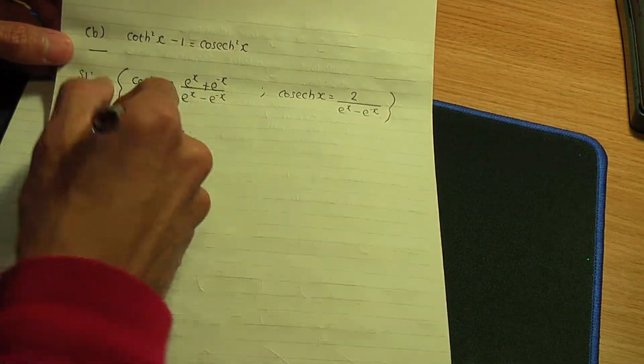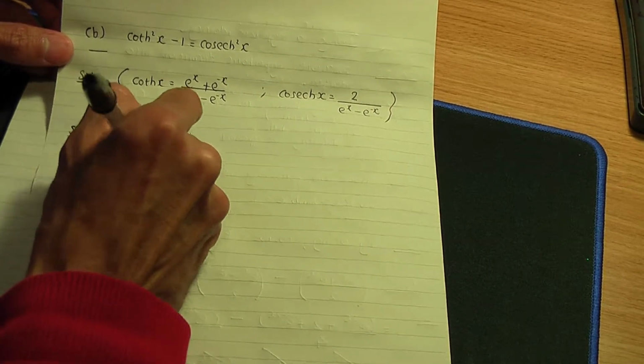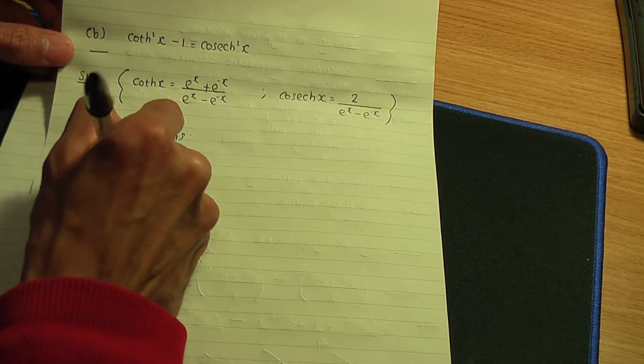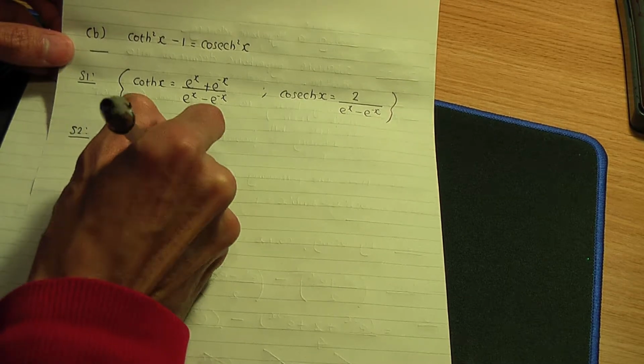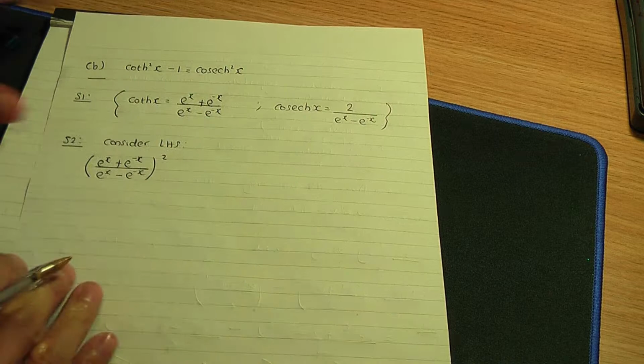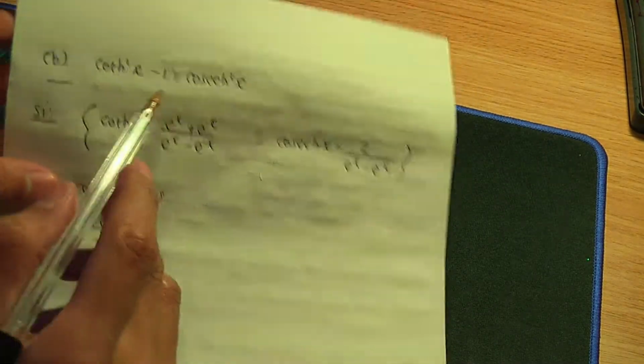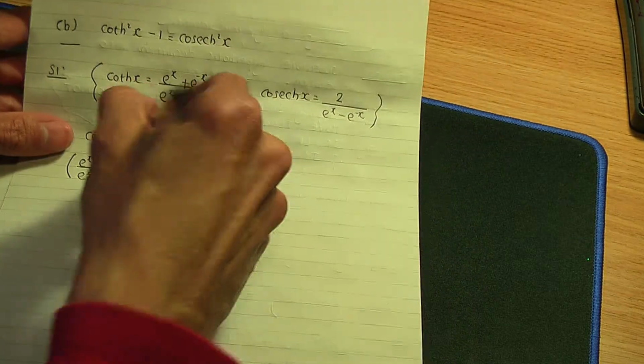If I do the replacement, I'll get hyperbolic cot, which is e to the x plus e to the minus x over e to the x minus e to the minus x squared. So that's hyperbolic cot squared being replaced by its definition, minus the 1, so don't forget the minus 1.